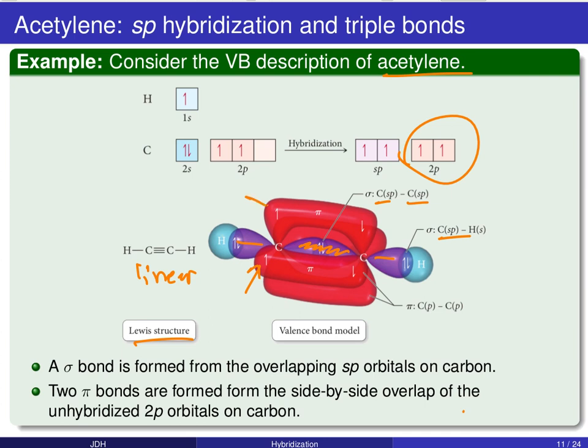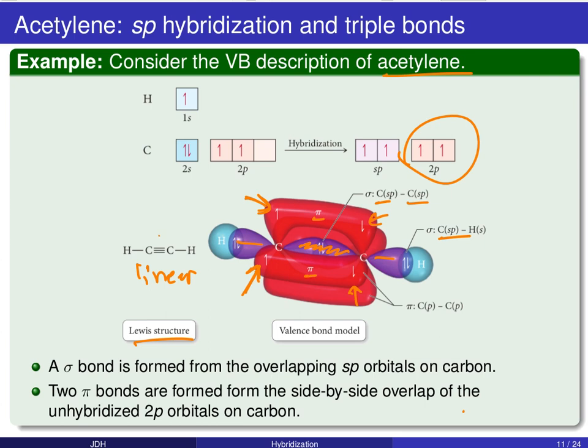And so that's what this diagram is illustrating here with these orbitals in red. We've got a p orbital with a single electron up top here, another p orbital with a single electron kind of coming out of the screen at you, and the same sort of picture over here on the other carbon. And so you have side-by-side overlap between these two sets of p orbitals, and that results in the formation of not one, but actually two pi bonds.